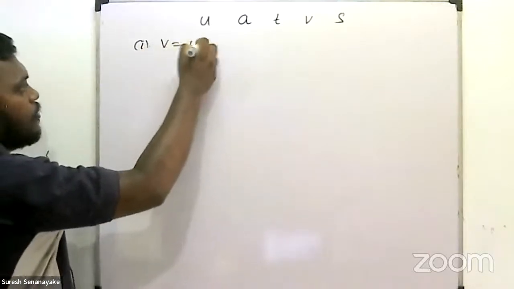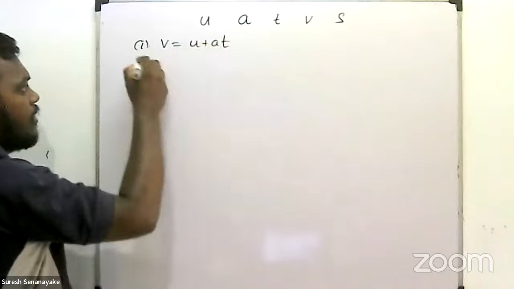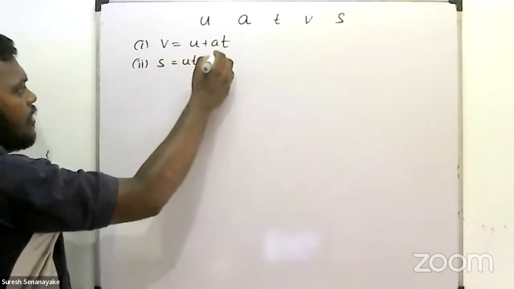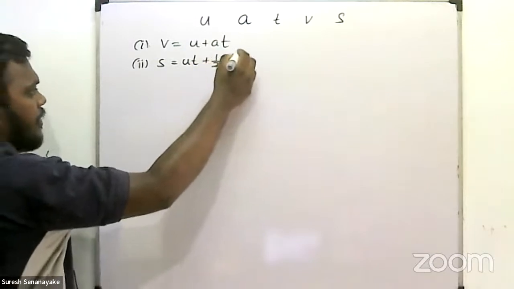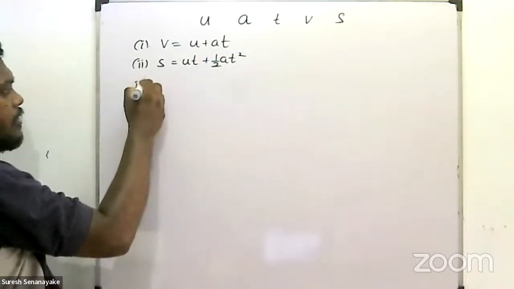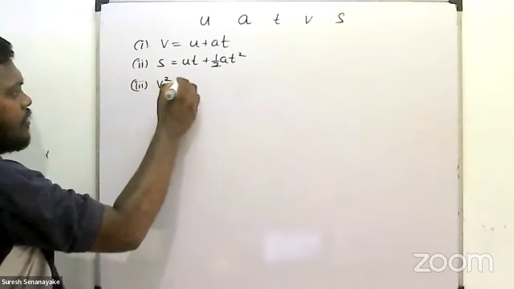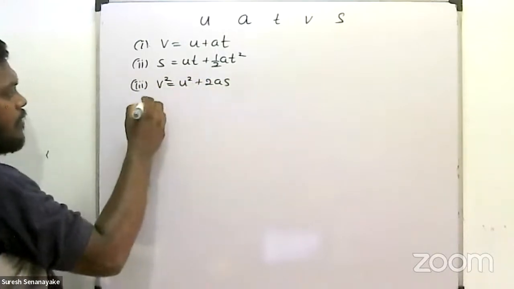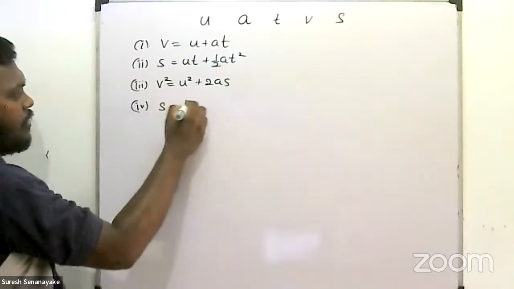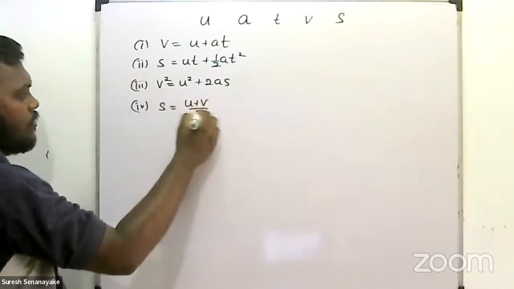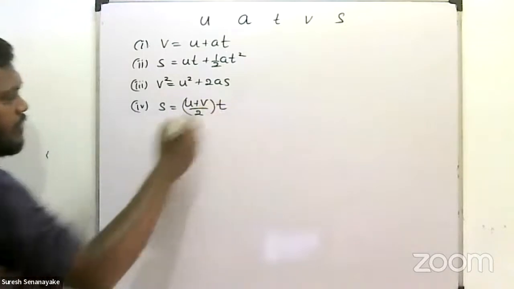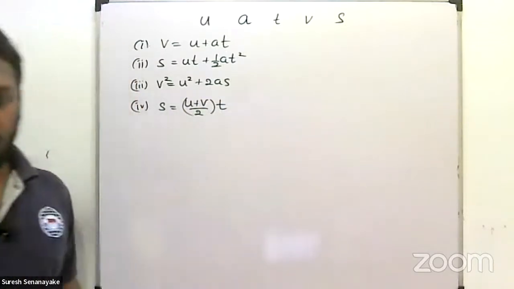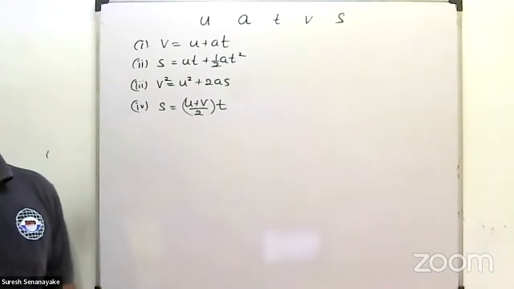That's v equals u plus at. s equals ut plus half at squared. v squared equals u squared plus 2as. And s equals (u plus v) divided by 2, multiplied by t. We will derive these in the second unit. We are given these four equations, right?